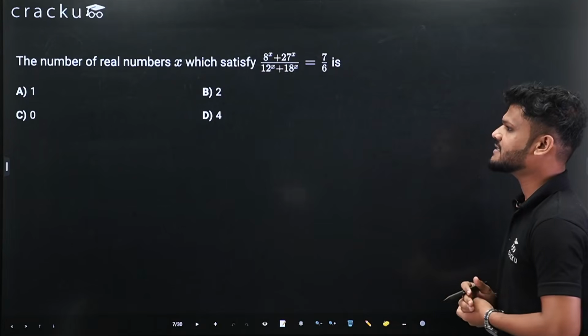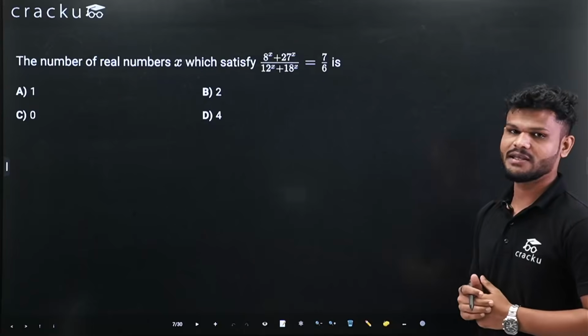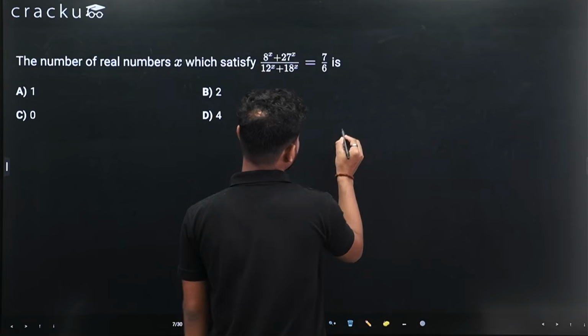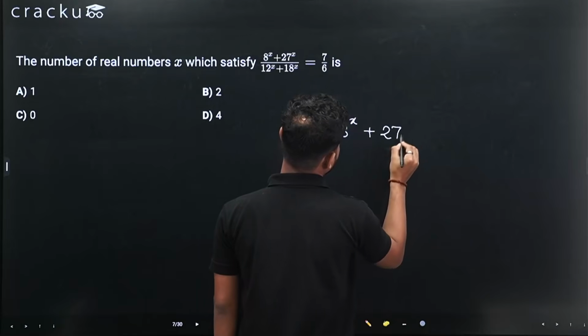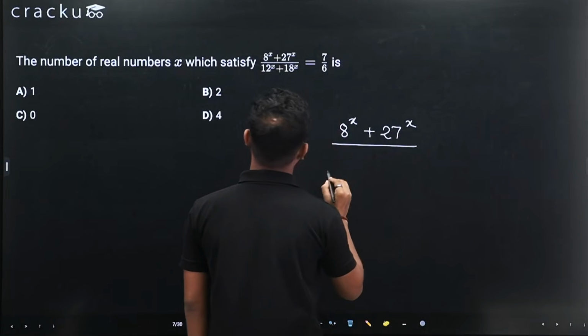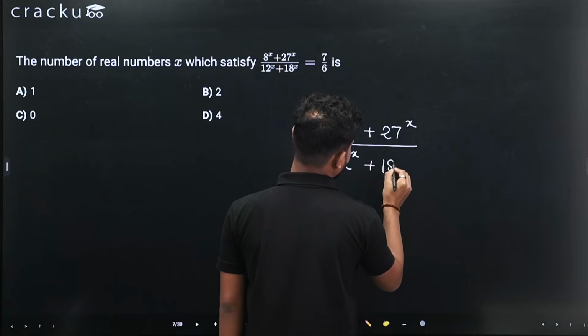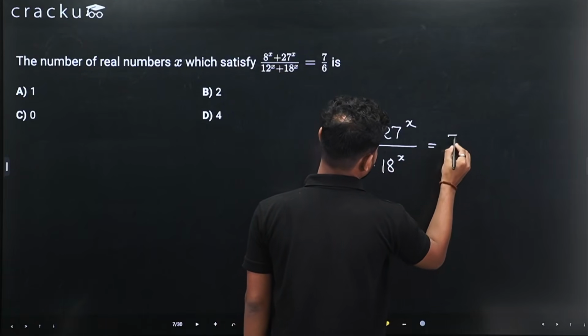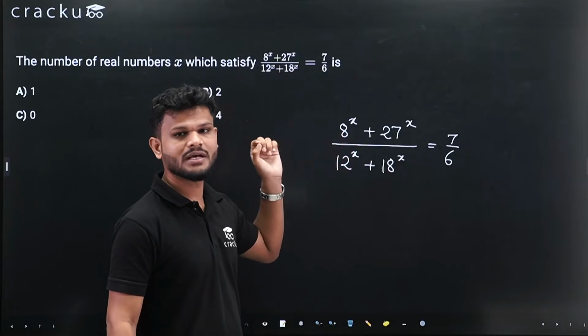In this question we are asked the number of real numbers x which satisfy the given equation. So we have given 8 raised to x plus 27 raised to x upon 12 raised to x plus 18 raised to x is equal to 7 by 6. Now whenever this type of thing is there, convert them into their powers.